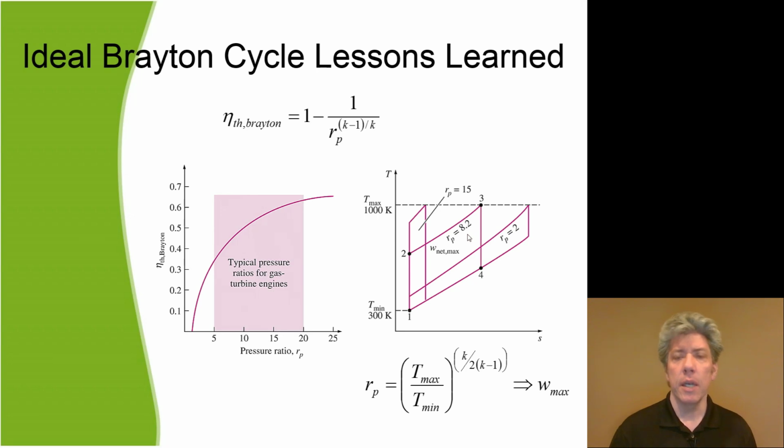Well, it turns out to calculate the ideal pressure ratio for maximizing the amount of work produced by the cycle given temperature limits, all you need is the absolute value of the maximum and minimum temperatures to the exponent shown there based on the ratio of heat capacities of the particular working fluid, which in our case will always be air. And that is what generates the maximum work from the cycle given the temperature limits.